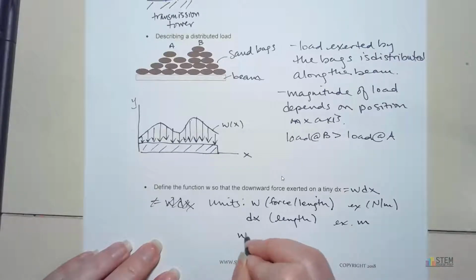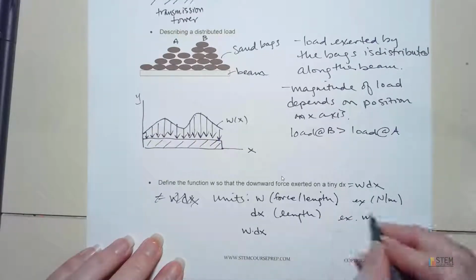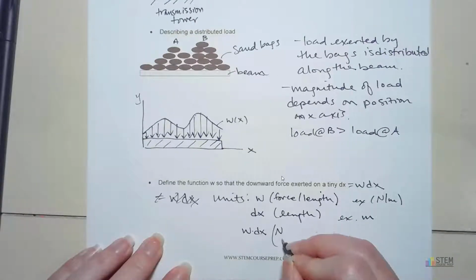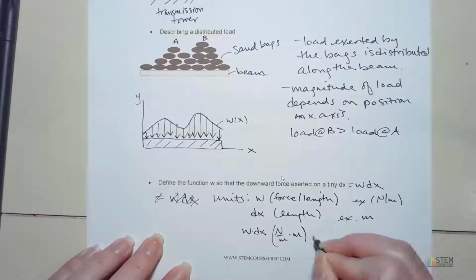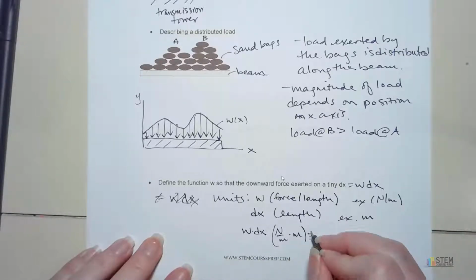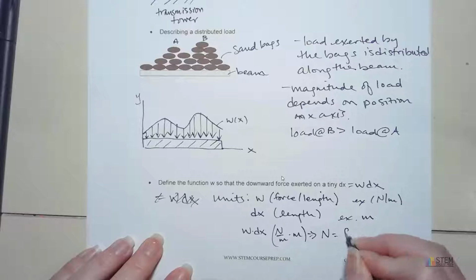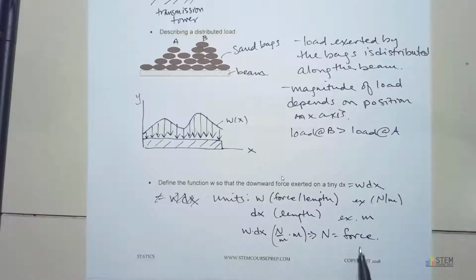And then when we do W times dx, we're going to have force per length times length, which, if we use these over here, gives us newtons, which is a unit of force, which is what we want. All right, so we want to find a unit of force because that's what we're looking for.